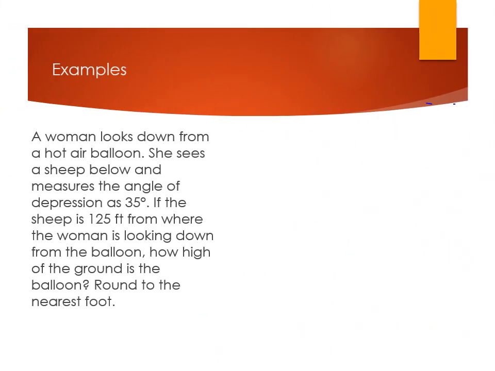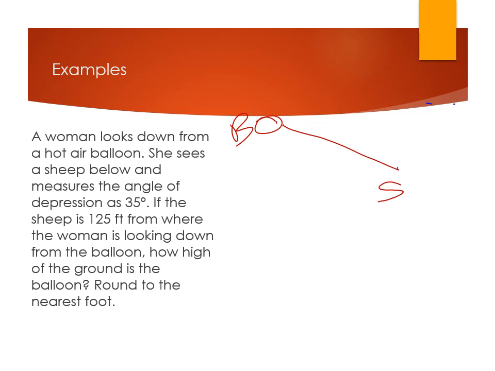Okay, take a second to read that. I got some woman looking down from a hot air balloon. So here's our hot air balloon. Right here. Call that the balloon. And I've got a sheep down here. I would draw it, but I'm really bad and I'm using my finger anyways.